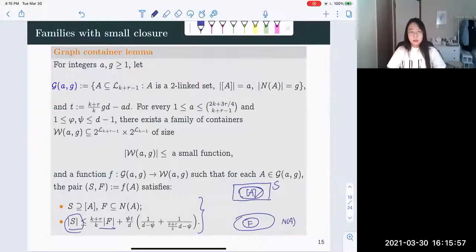So that is Sapozhenko's graph container lemma. The application of this lemma is not actually straightforward. It contains several technical tricks, so I don't plan to show the details here, but this is really the main idea.